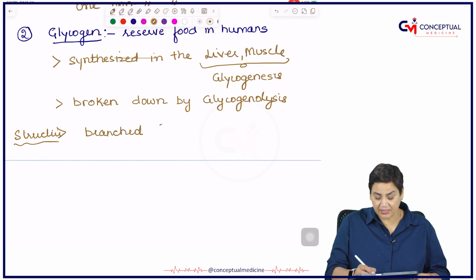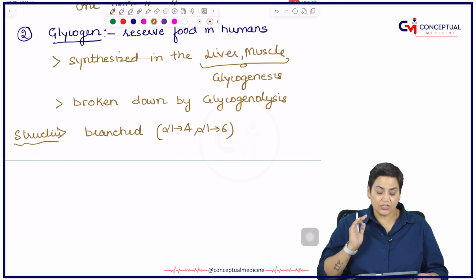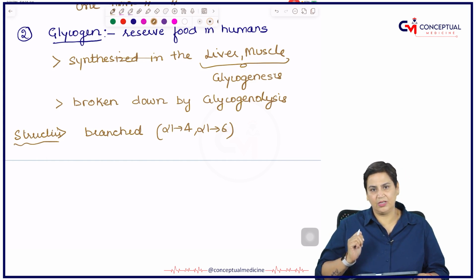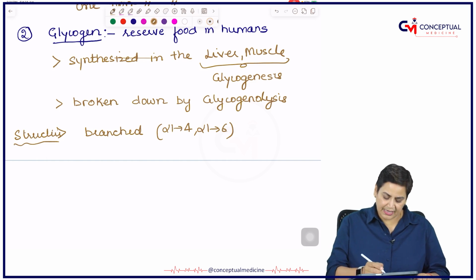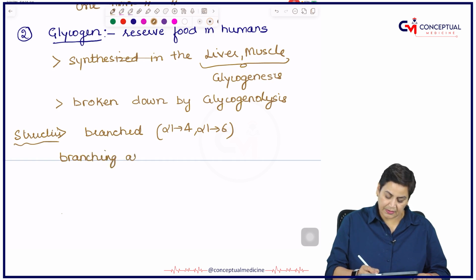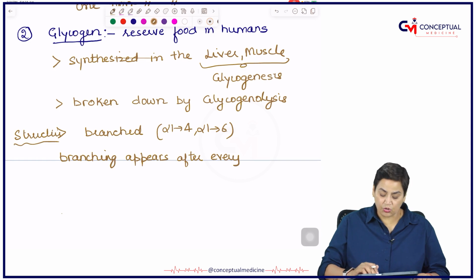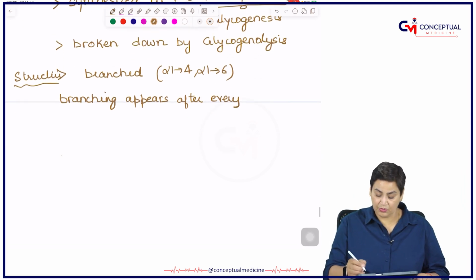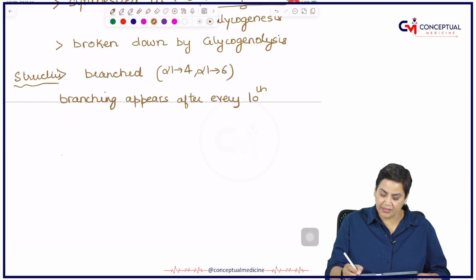Obviously it has to be branched. That means it has alpha 1,4 linkage as well as alpha 1,6 linkage. But what is the difference between the structures of starch and glycogen? The most important difference is that branching appears after every 10th to 12th residue.